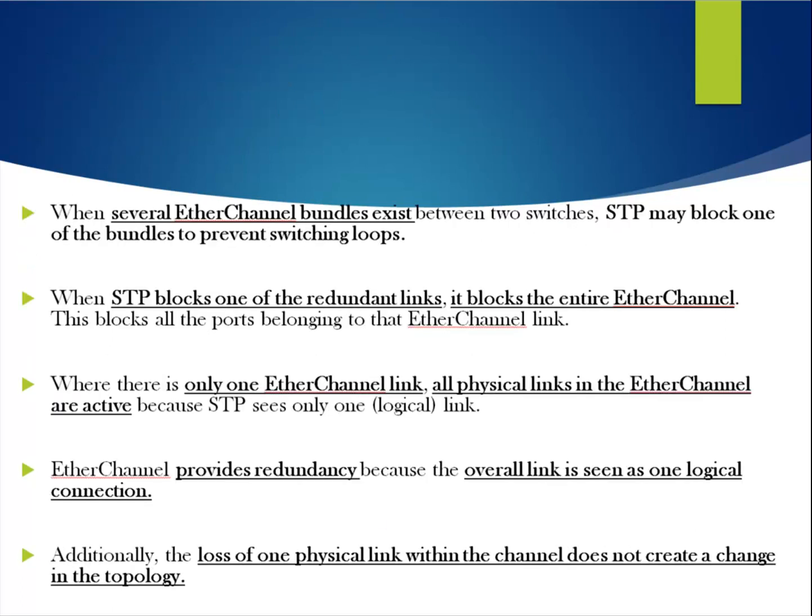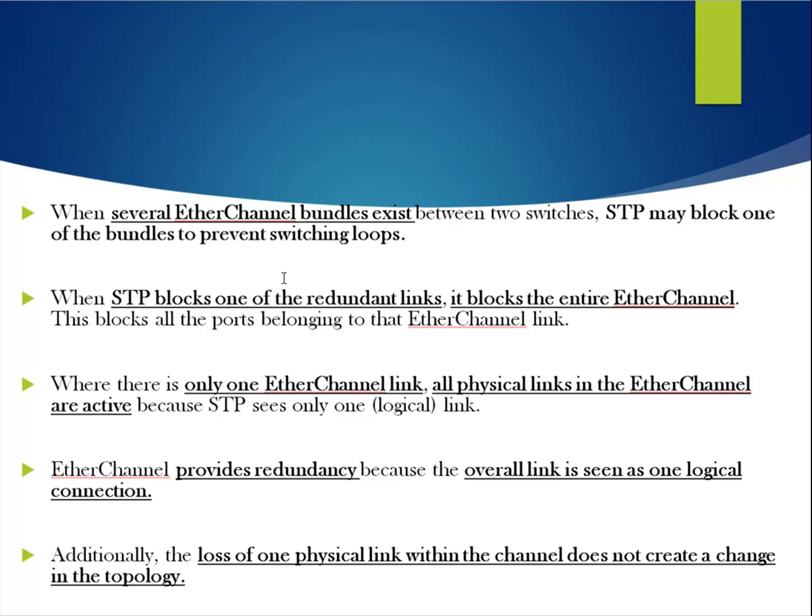Now, the next one: several EtherChannel bundles may exist between the two switches. You can have more than one EtherChannel between the two switches. But STP, the spanning tree protocol, may block one of the bundles to prevent switching loops. Now you have to understand the concept.